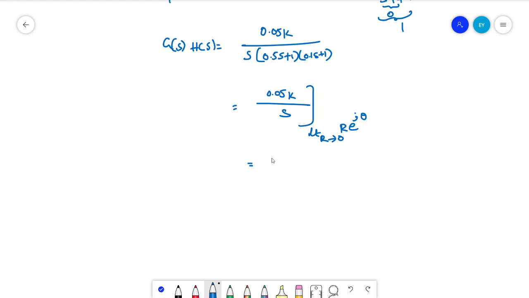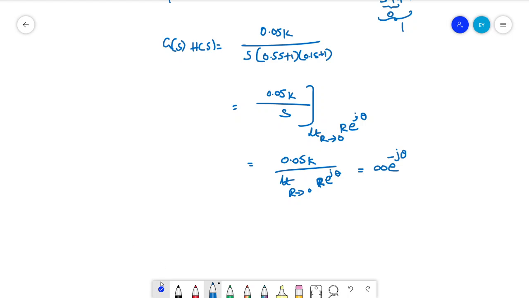How will it become? 0.05 k divided by the limit, if you apply limit r tends to 0, of r into e power j theta. So r will be 0 and the leftover will be e power j theta, and if the denominator is 0, the numerator will become infinity. This is infinity e power minus j theta.